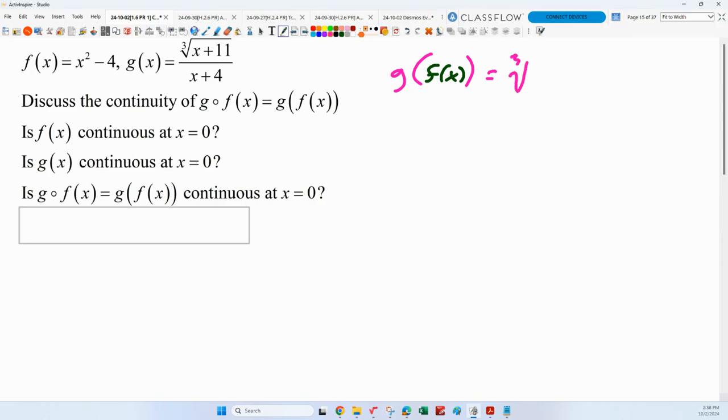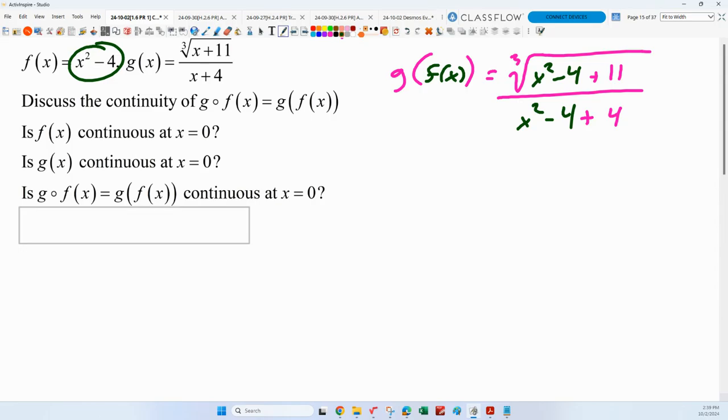Cube root of whatever f of x is, which is this, plus 11 over, on the bottom, what am I adding to 4? x squared minus 4, f of x, right?